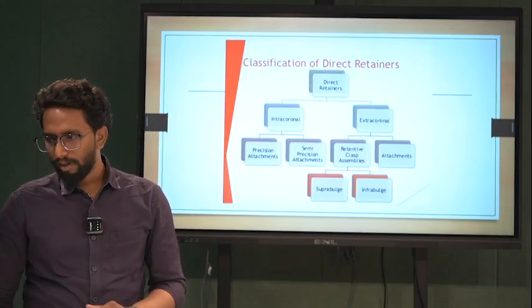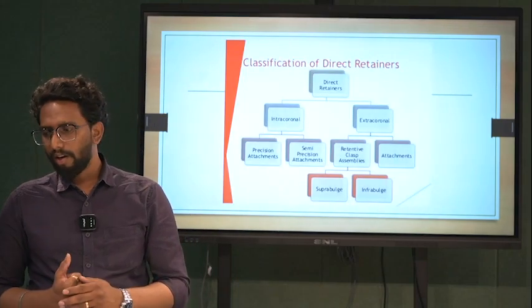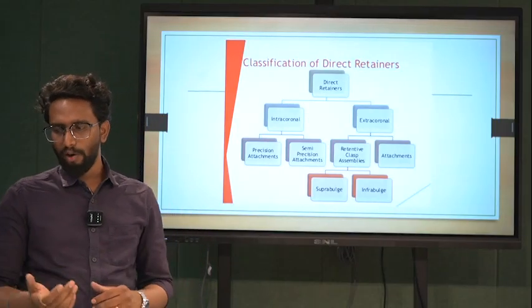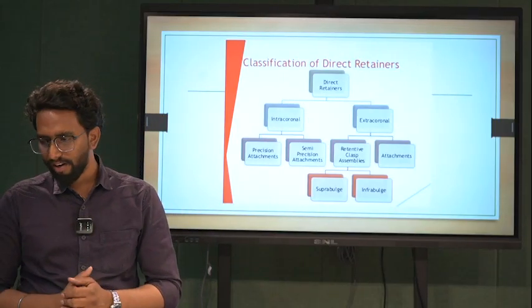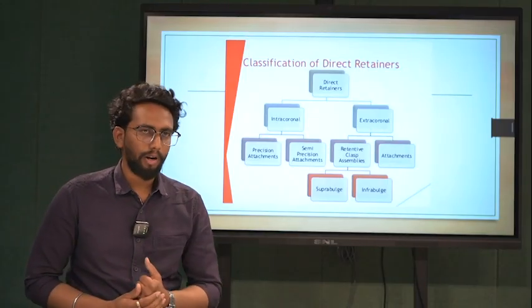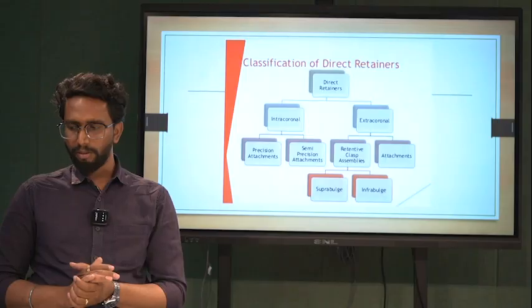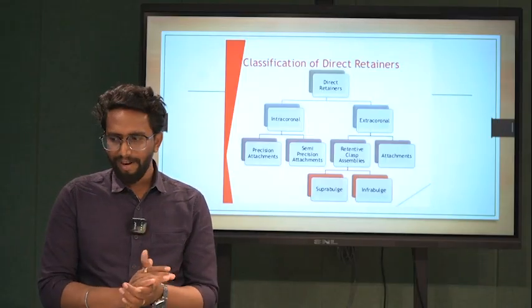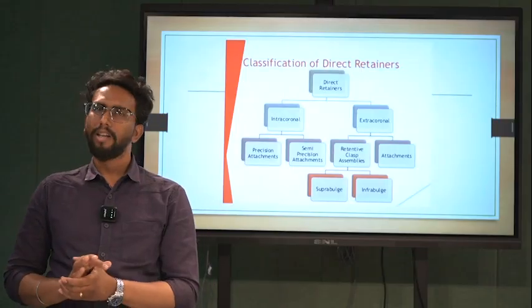Now this direct retainer is also divided into different classes, like intracoronal and extracoronal direct retainers. In intracoronal direct retainers, we have precision attachments and semi-precision attachments. In extracoronal direct retainers, we have attachments and retentive clasp assemblies.